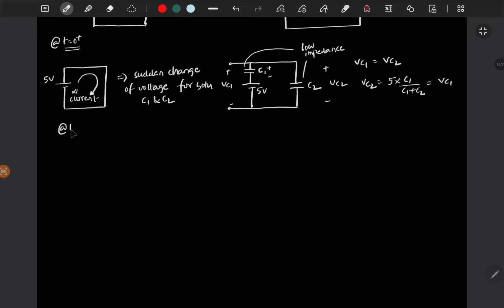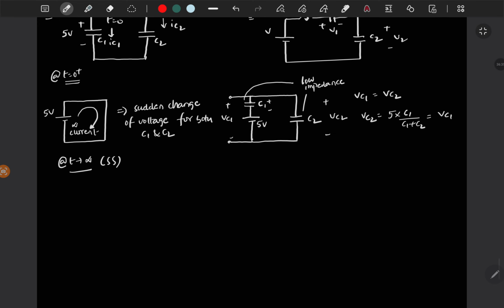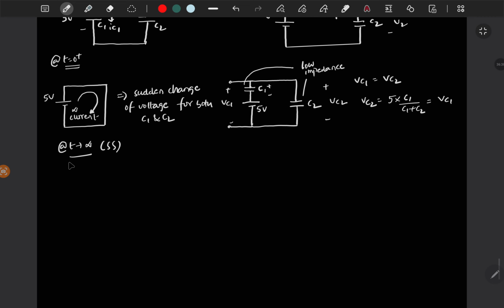Now if you find that t tends to infinity, at steady state, both the capacitors will be open, right? So take out the initial voltage and open circuit both the capacitors. So here also this is Vc1 and this is Vc2.